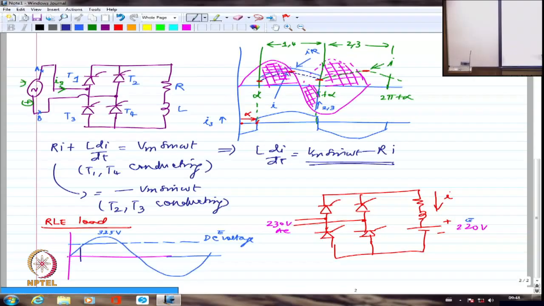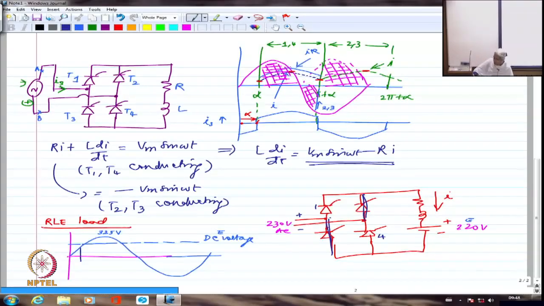If I am trying to fire 1 and 4, and these two are already conducting, already carrying a continuous current, in that case I can consider them as short circuits, right? And I am considering the positive half cycle, which means plus here and minus here.